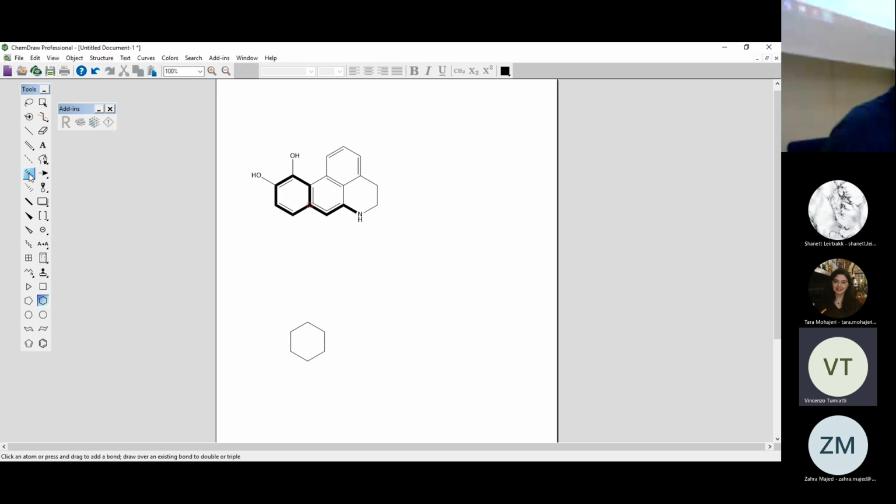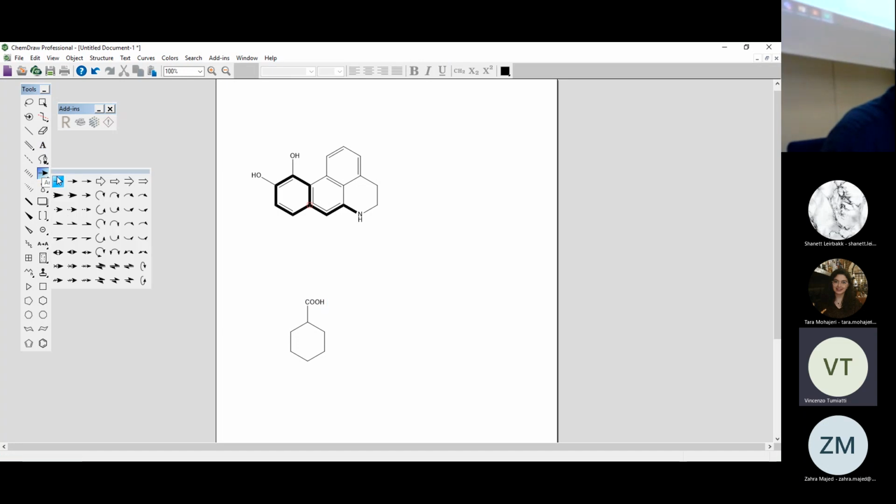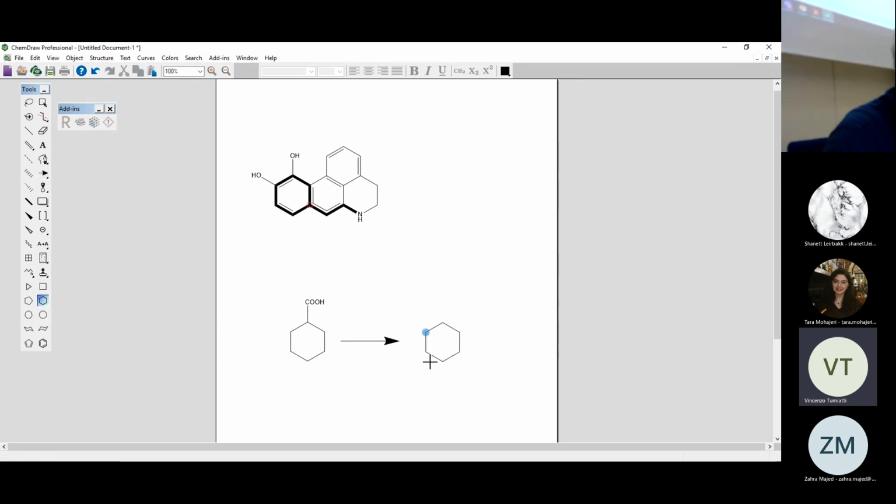We have seen that there is an acidic function here. We want to increase the lipophilicity. We can transform this acidic function in an amide, like this one. So we put a nitrogen here.